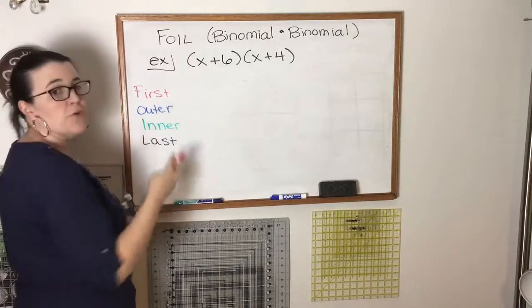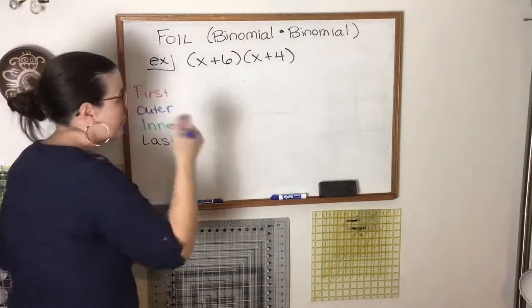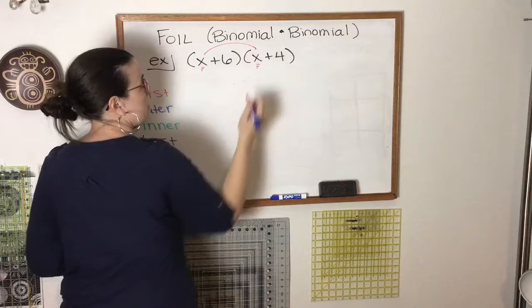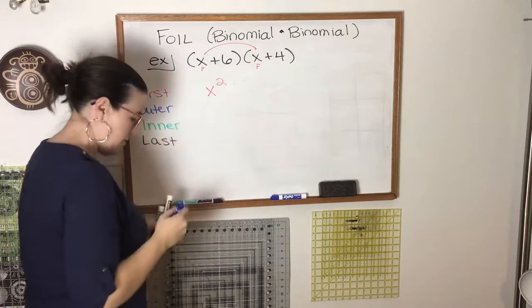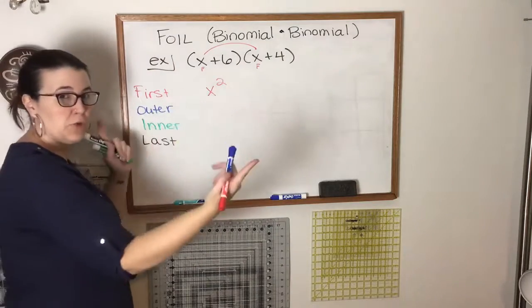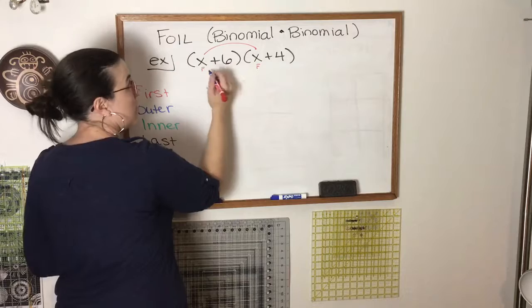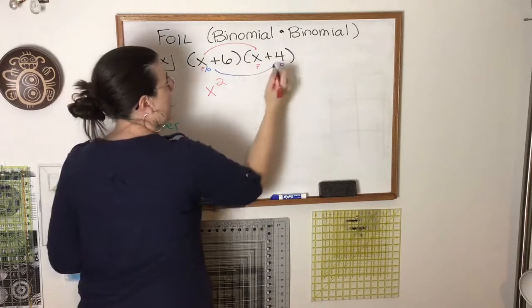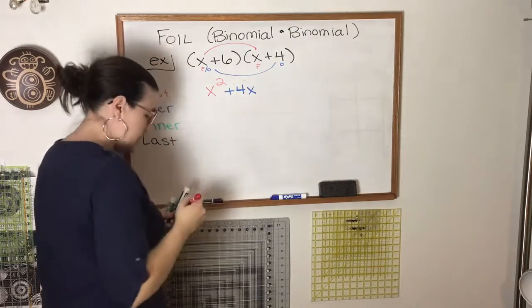First means the first term in each parenthesis. So this would be my first, and this would be my first. All right, so x to the first times x to the first is x squared. Outer means the two that are on the furthest outside edges. So this one is a first and it's an outer, and this one is an outer. Okay, x times 4 is 4x.